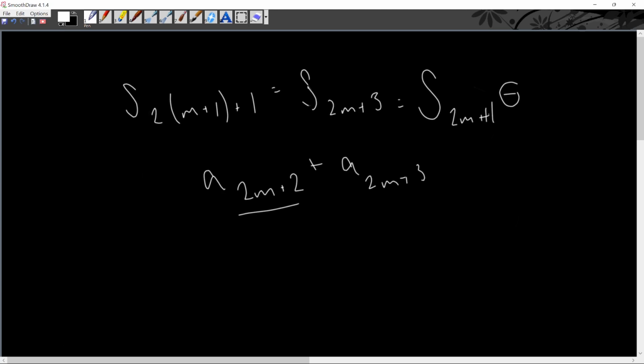So if it's an even value, you should get a negative coefficient. And if you have 2m plus 3, which is an odd number, you're going to have a positive coefficient. So you have this partial sum up to 2m plus 1, and then you have the terms that are left after this partial sum, because you are doing the partial sum up to 2m plus 3, right?